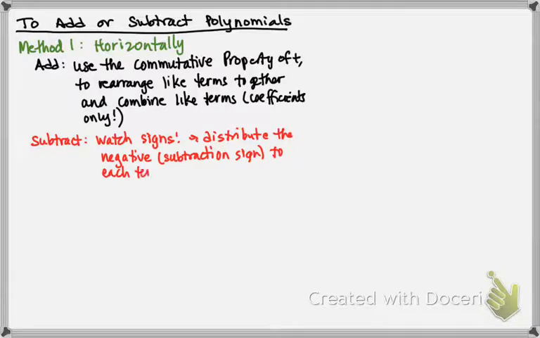So that's going to be each term in the second polynomial. Okay, so that's the one that you have to watch out for. So we distribute the negative to each term in the second polynomial, and then it becomes an addition problem.